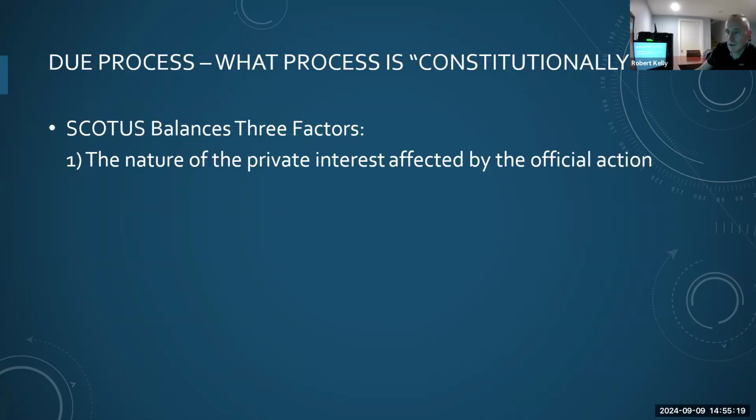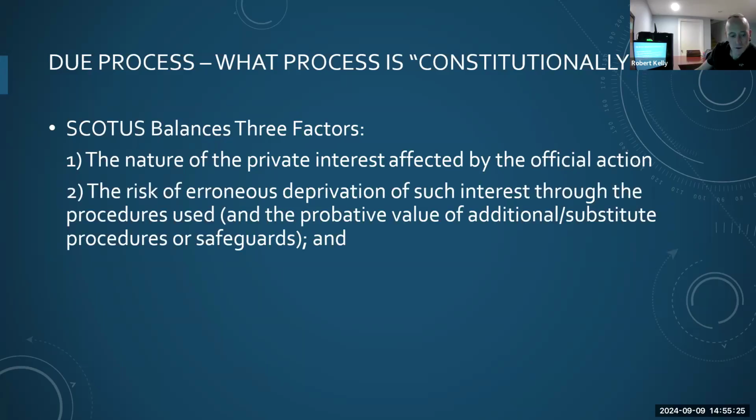It's going to look at the nature of the private interest that is affected by the official action. It's going to look to the risks of erroneous deprivations of that interest through the procedures used, and also the probative value of additional or substitute procedures or safeguards. And finally, it's going to look to the government's interest in the matter. It's a balancing test, right?